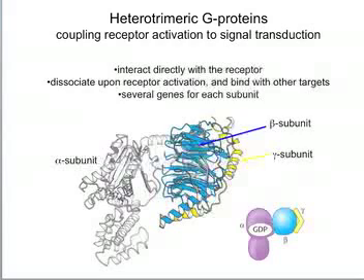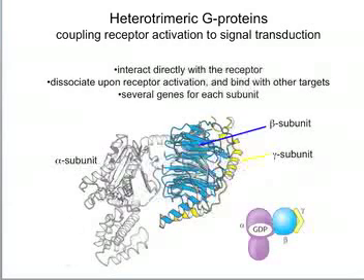The key change is that the conformational change is coupled to the behavior of a heterotrimeric G protein in this particular sort of archetypal example. So G proteins are often these heterotrimeric molecules. We have an alpha subunit that is a GTPase and a beta gamma subunit that are often interacting with each other. Sometimes they separate as well.